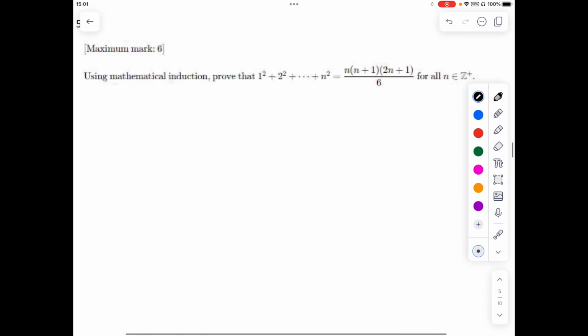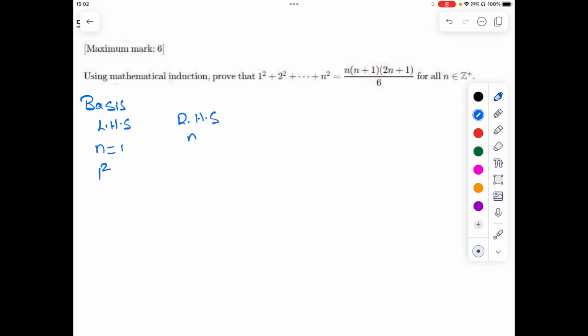Question number 5. Use induction to prove that 1 square plus 2 square plus and so on plus n square equals n times (n plus 1) times (2n plus 1) upon 6. So first I have to form it out. Basis step. Left hand side, n equals 1. So what do I get? 1 square. Right hand side, n equals 1: 1 times (1 plus 1) times (2 plus 1) upon 6, which is 1. Therefore, left hand side equals right hand side.